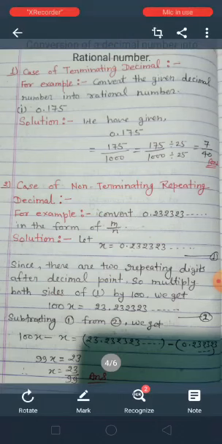The second case is the case of non-terminating repeating decimal. We take an example. For example, convert 0.232323 and so on in the form of m by n.